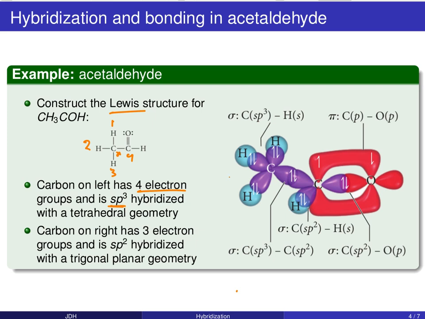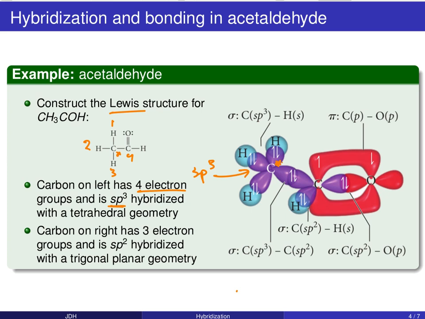So when we're drawing this out, we're going to put 4 of these sp3 orbitals. We're denoting these sp3 orbitals here as the purple orbitals, following our coloring scheme, on this left-hand carbon. So we'll do that. That'll be the starred carbon.